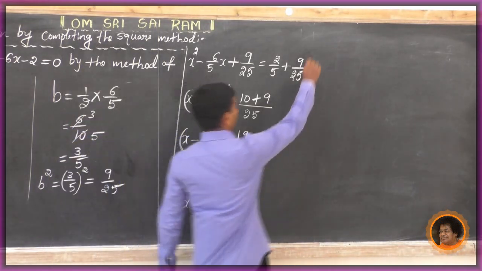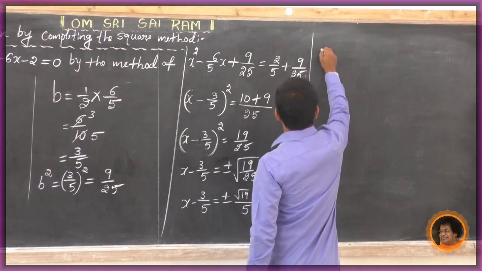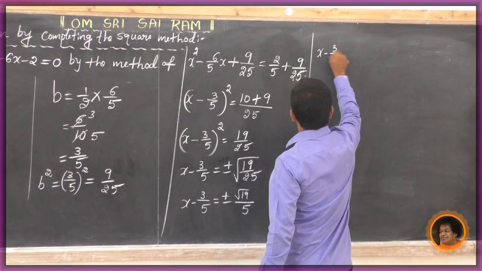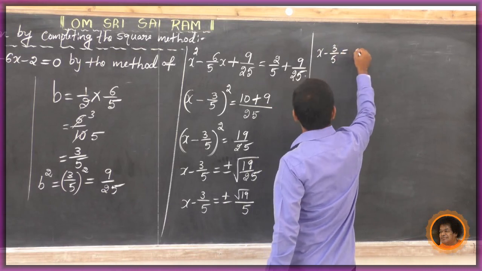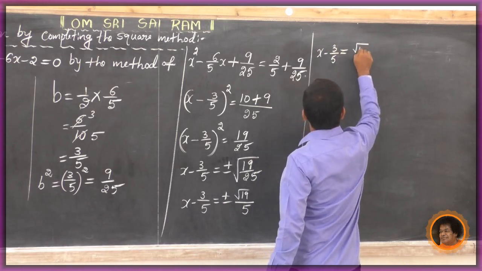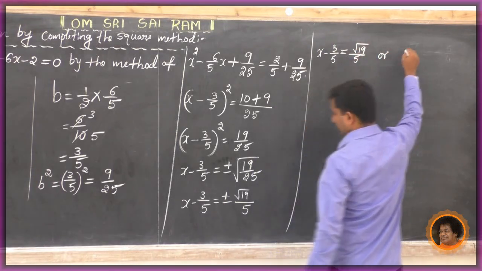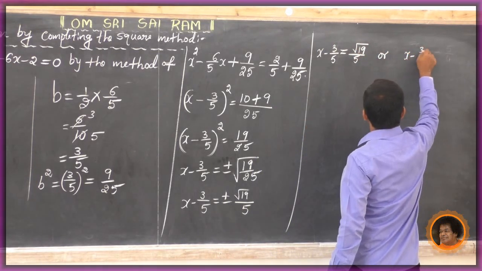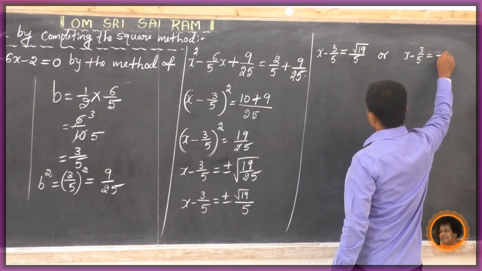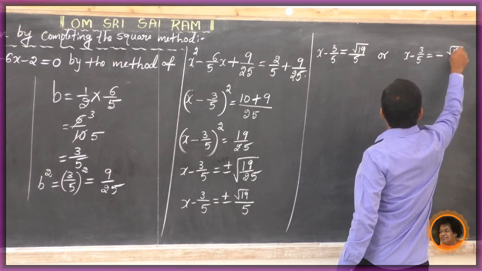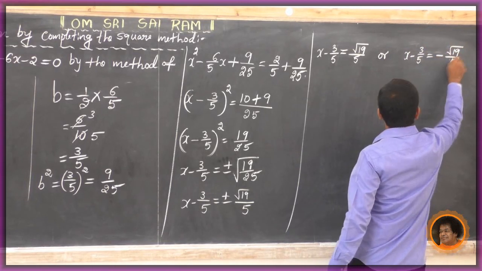So now find the value of x. Therefore x − 3/5 equals plus root 19 by 5, or x − 3/5 equals minus root 19 by 5.